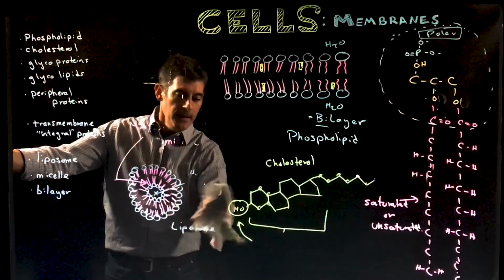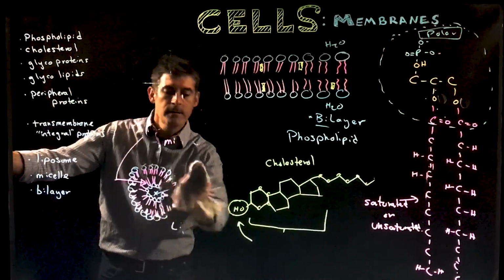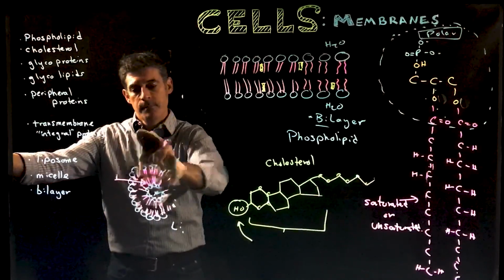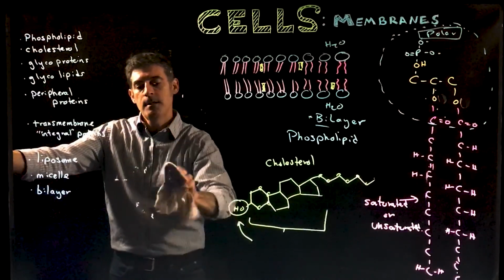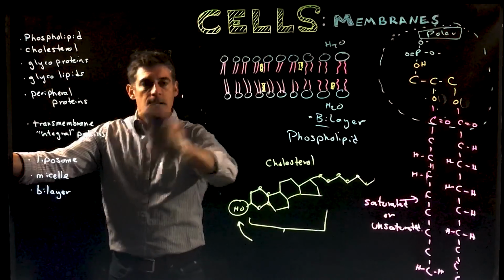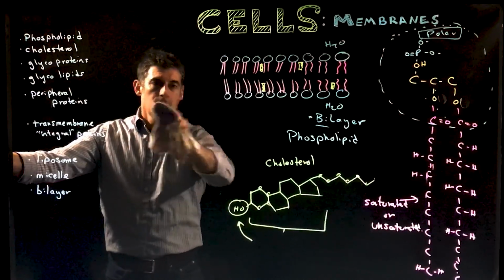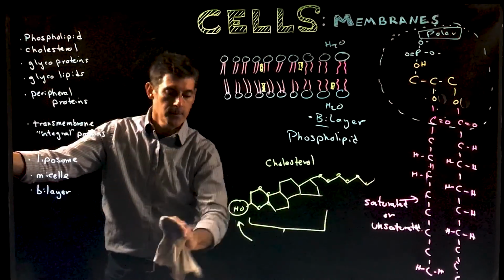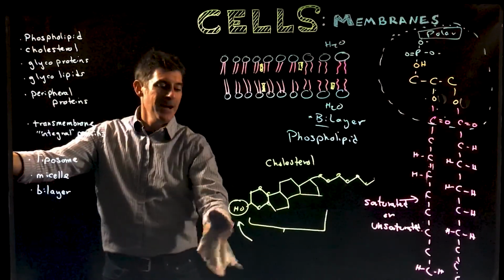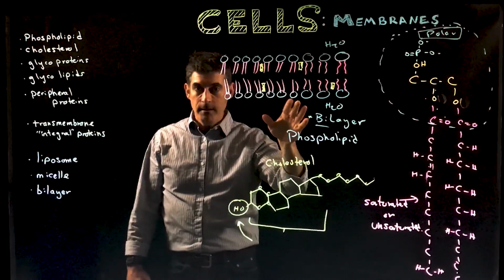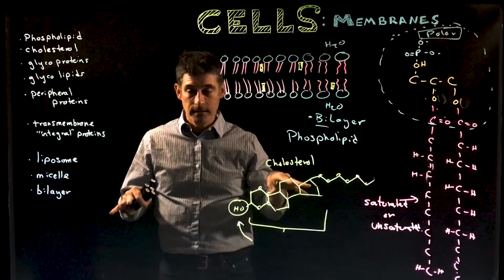So for a minute now that we have cholesterol and the phospholipid bilayer, we're going to stop. We're not going to get into the glycolipids and proteins yet. We're going to talk about this concept of fluidity first. So a membrane is not a hard, solid barrier. You have to think of it as like an oily layer, right?